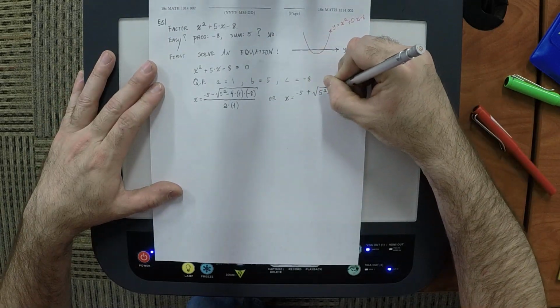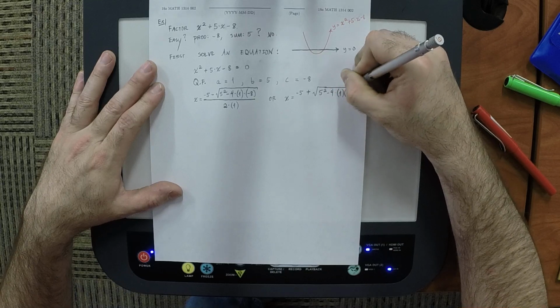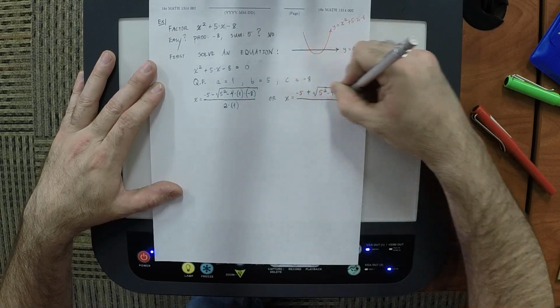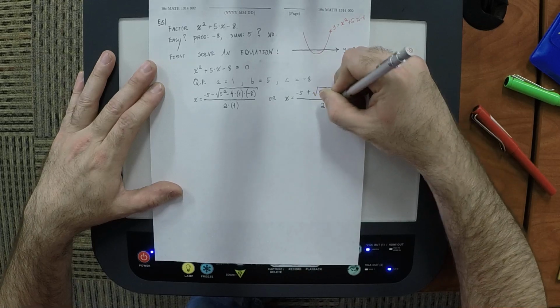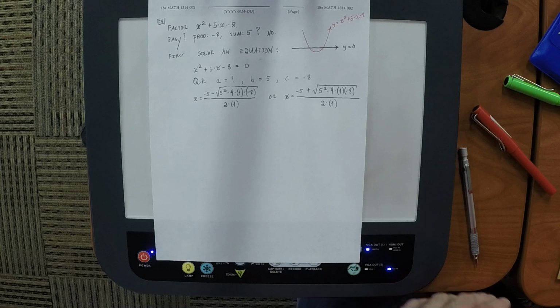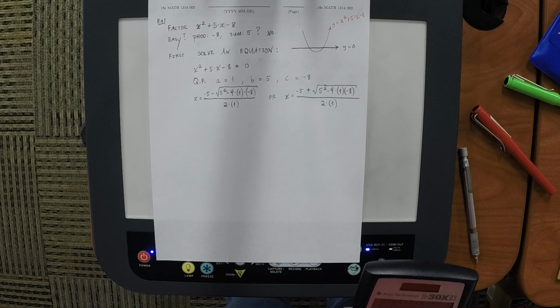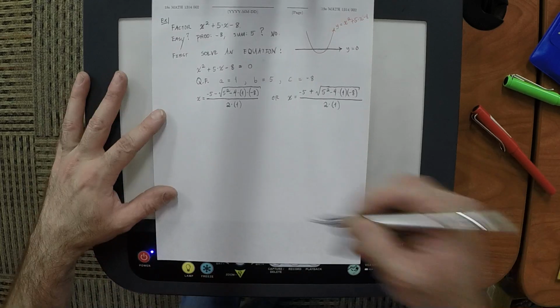5 squared minus 4 times 1 times negative 8, over 2 times 1. So that discriminant is just calculator stuff there. Okay, so 5 squared minus, good, 57.